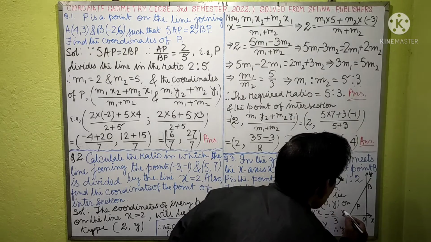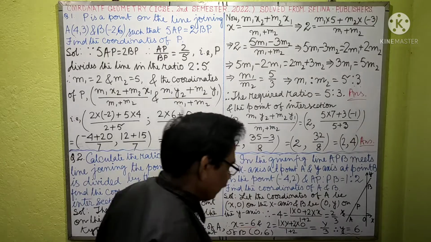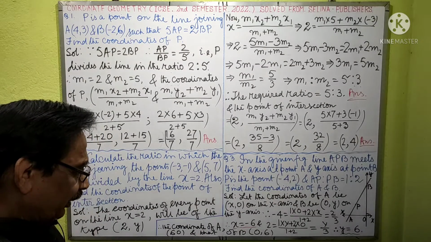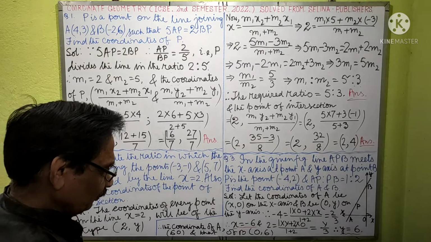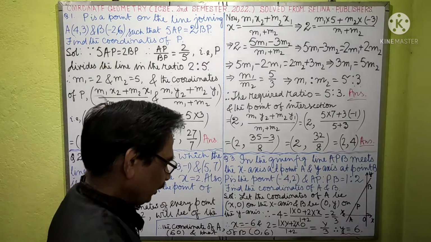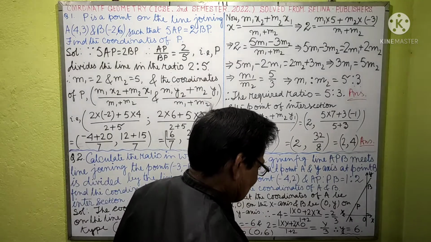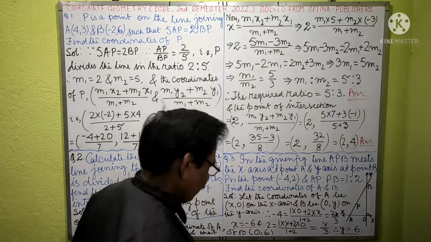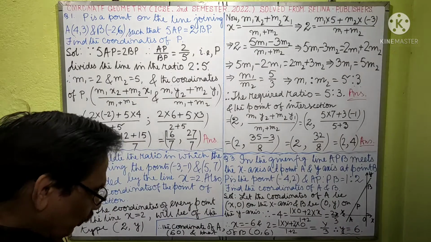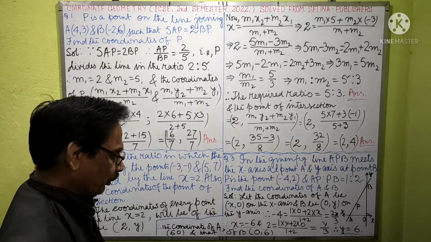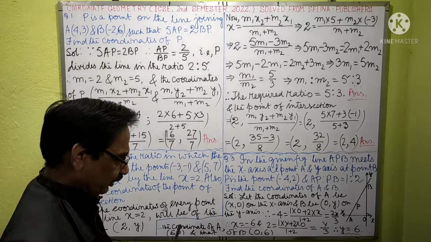Therefore x equals -4 times 3 is -12, divided by 2, that is -6.